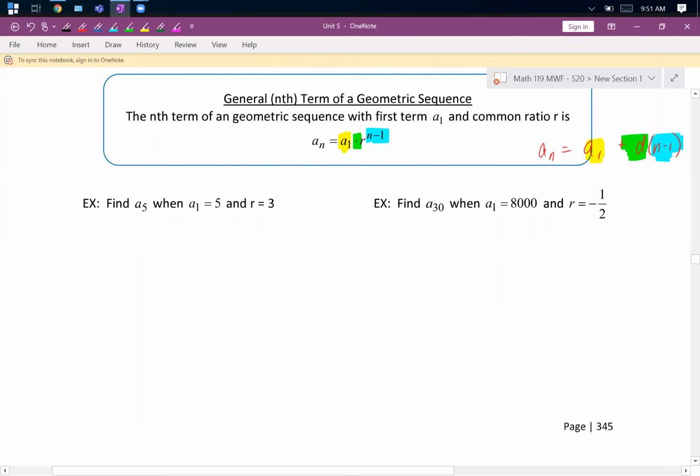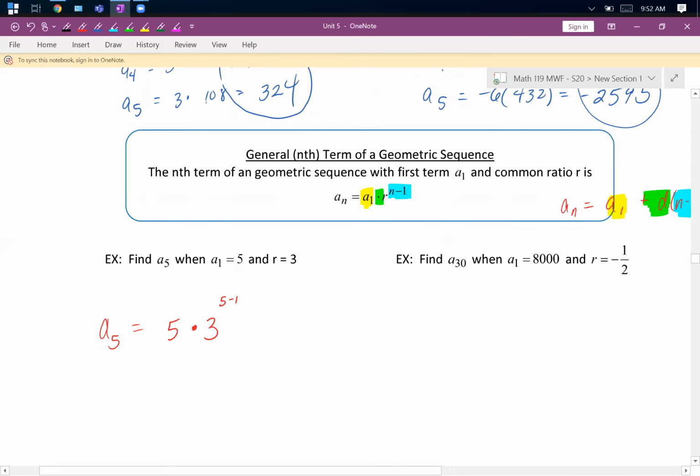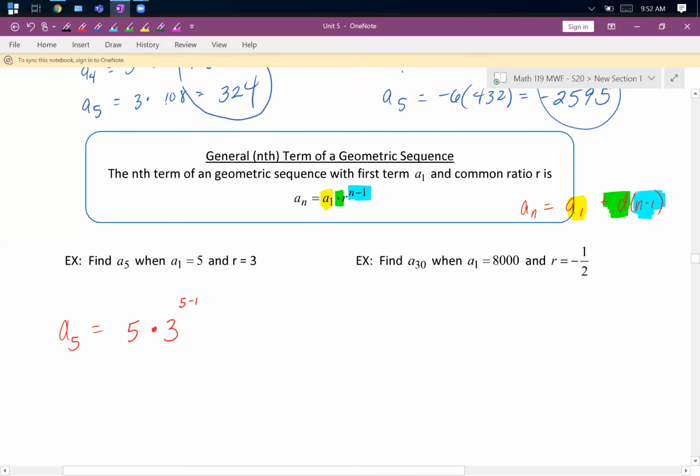So let's find a sub 5 when a sub 1 equals 5 and our common ratio is equal to 3. Plugging into our formula, we're going to have 5 times 3 to the n minus 1, so 5 minus 1 power. I don't have a cool story about a mathematician like I did for Gauss with the nth term of an arithmetic sequence, but I feel like it makes the same kind of sense.